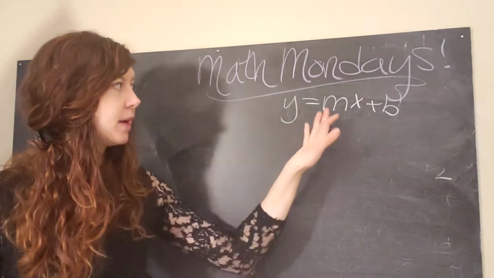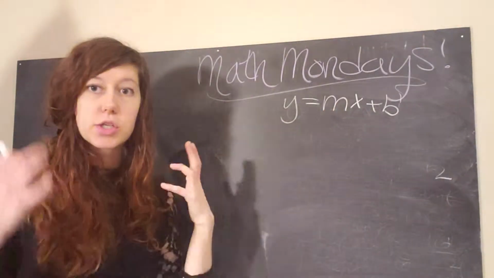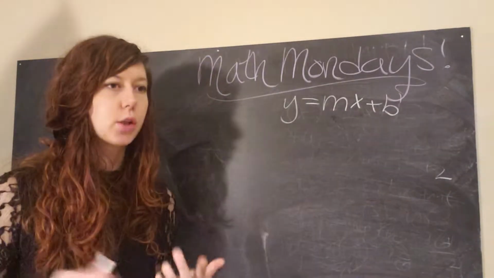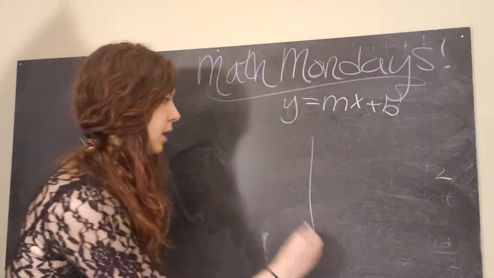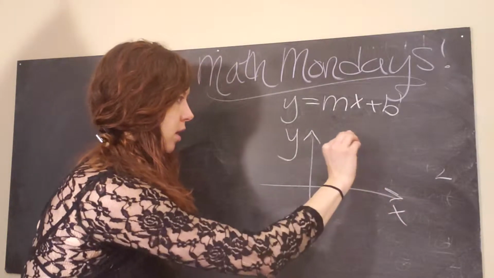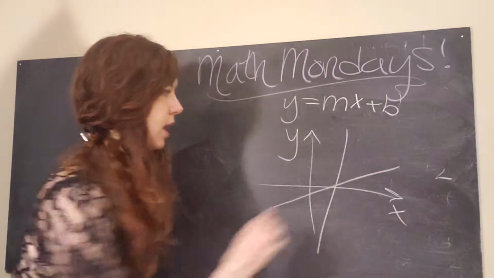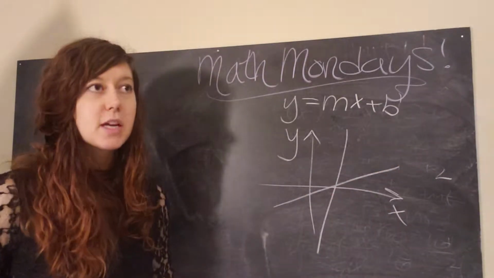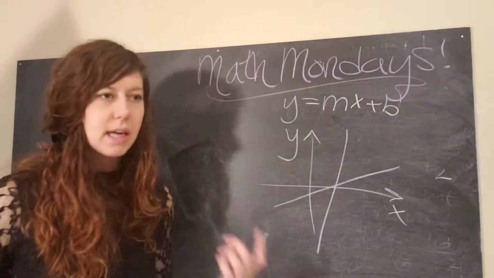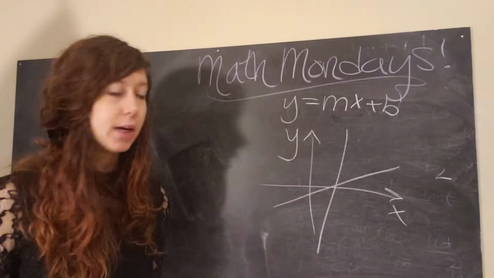This is the general equation for a line, so it can be applied to many specific instances of different types of lines. In this case, the way that it's written, m is the slope of our line, and slope is like steepness. So if we were to graph y and x, this line would be very steep, and this line is not as steep. Think about it like if you were skiing or snowboarding or skateboarding or just riding your bike down a hill.